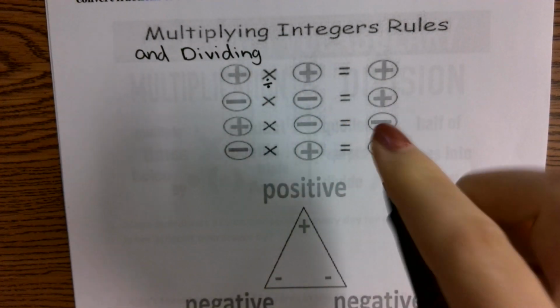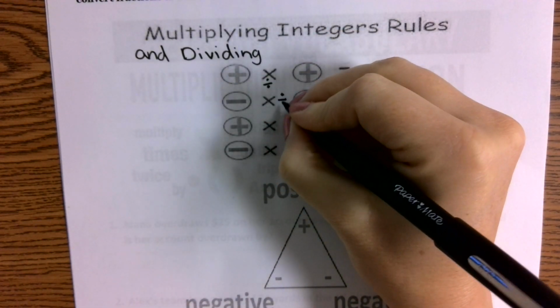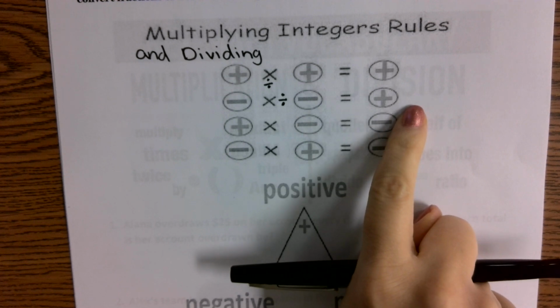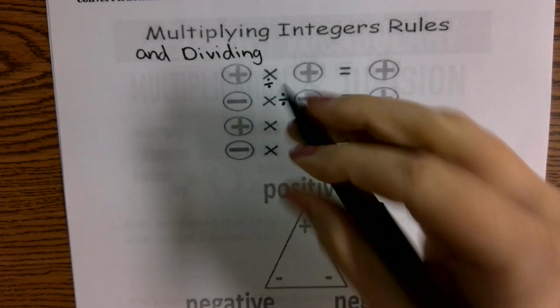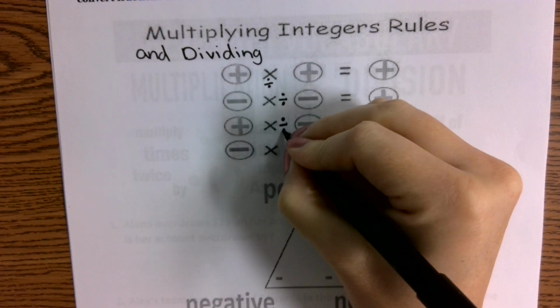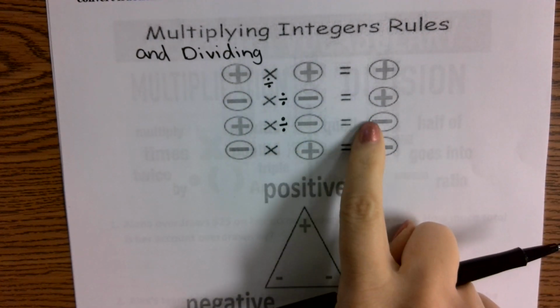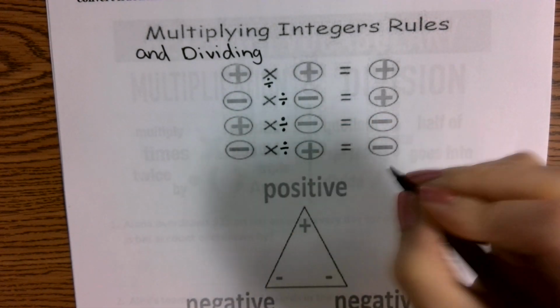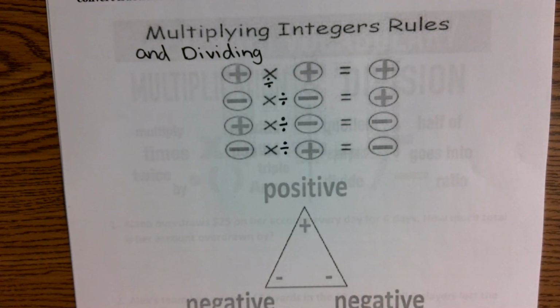If it's a negative and we are multiplying or dividing by another negative, it is a positive. If you take a positive and you multiply or divide by a negative, it comes out to a negative. And if you take a negative and you multiply or you divide by a positive, it comes out to a negative.